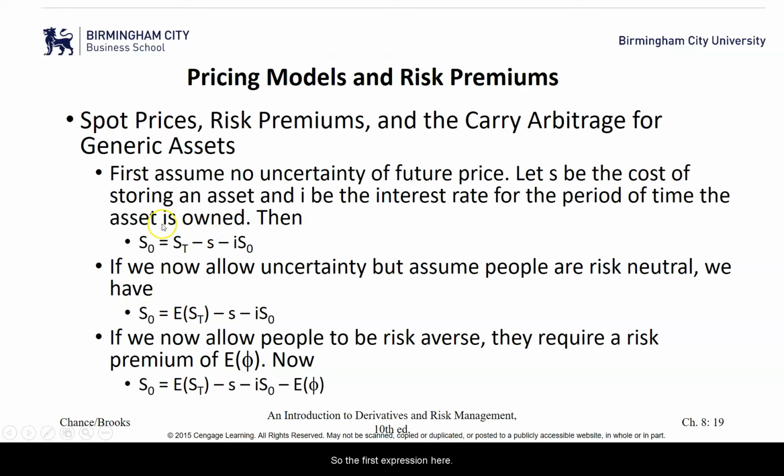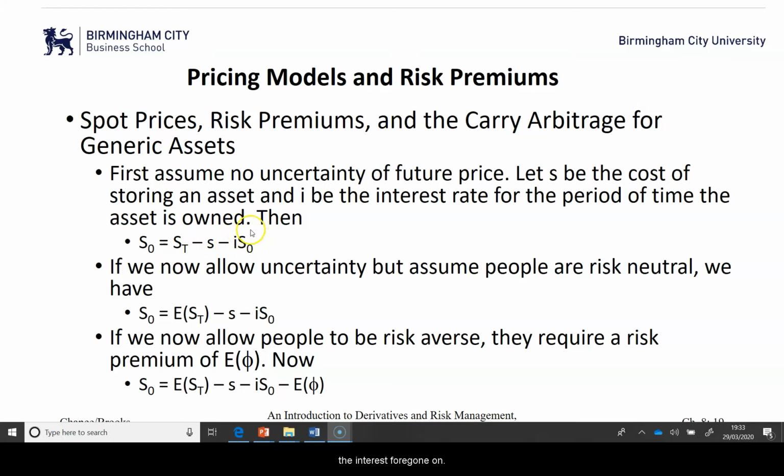So the first expression here, if we look at it, says that the current spot price is equal to the spot price at expiration minus the storage cost minus the interest foregone on the spot price. Here our assumption is that we know the spot price at expiration with certainty.